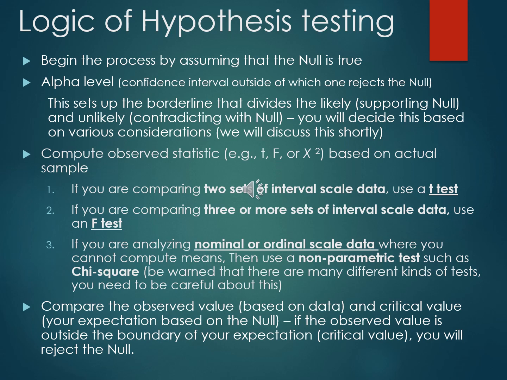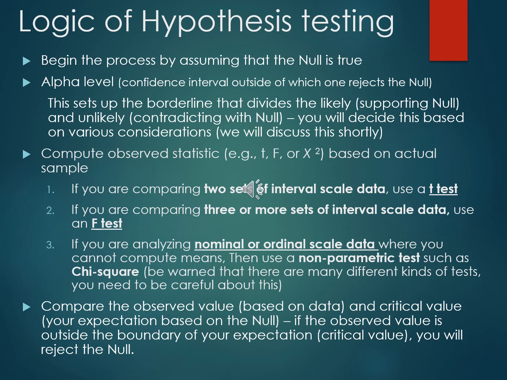So likely means, assuming that null is true, which is that two means are the same, what's the likelihood that a particular kind of sample statistic is likely to happen if the null is true? Okay, so that's the alpha level. This means if the alpha level is low, like 0.01, you are setting up a very extreme area so that if the null is true, this kind of extreme value should not happen.